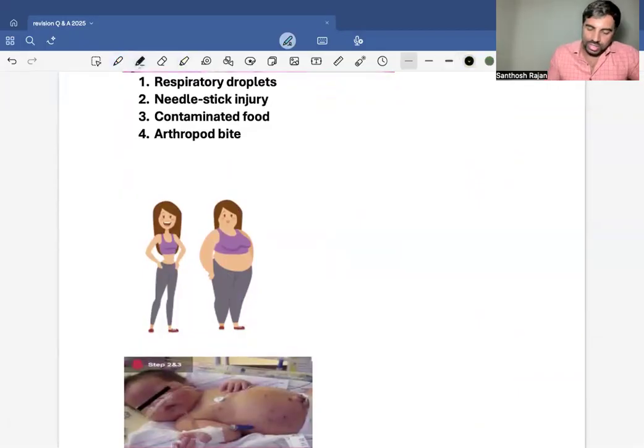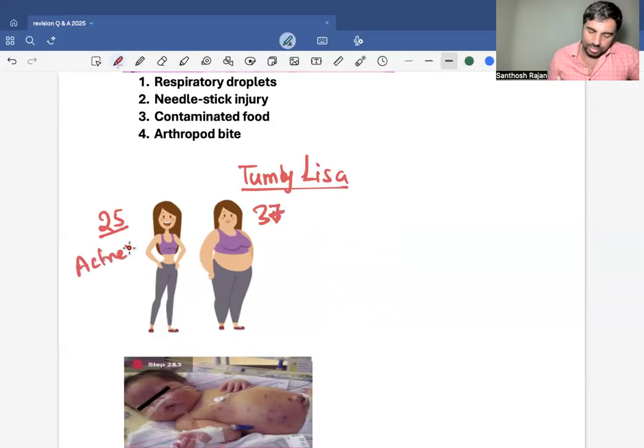We are talking about Tummy Lisa, right? We know this girl called Tummy Lisa. Tummy Lisa, this is at age of 25 and age of 37. Okay, at 25, she's active. And Lisa at 37, she's lazy. She can't even move. Okay, no movement. I mean to say tummy, because this is tumbling motility.